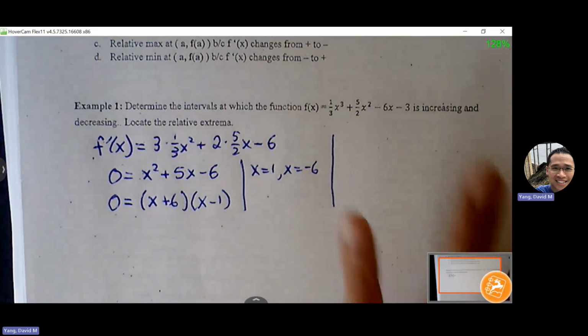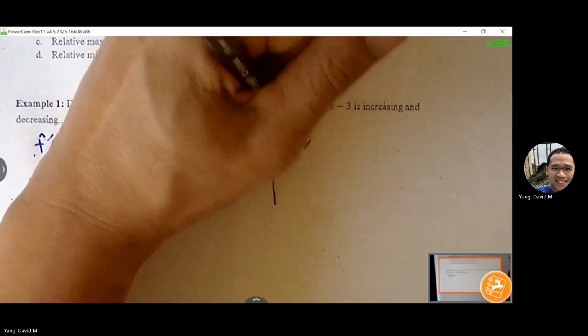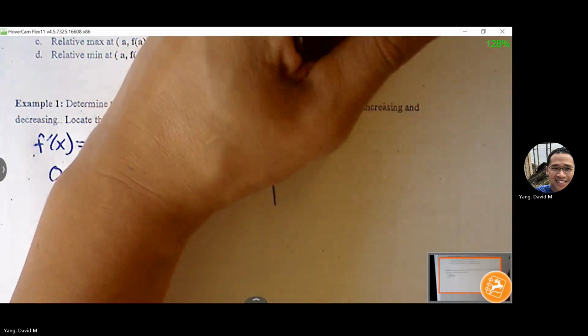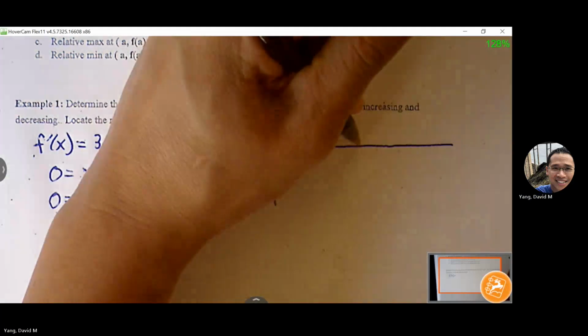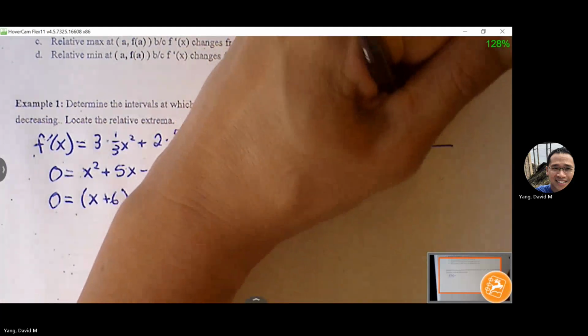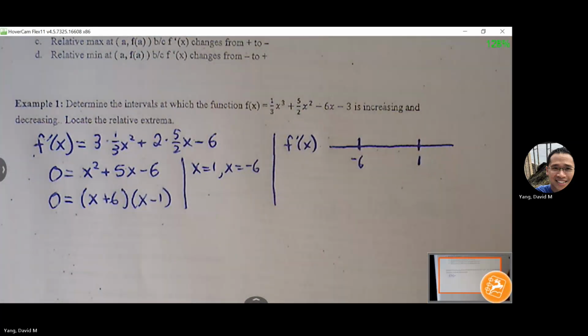Next up, we're going to create a slope sign line, much like how you would do your velocity sign line. Okay. And then you'll pick points in each of the subintervals.